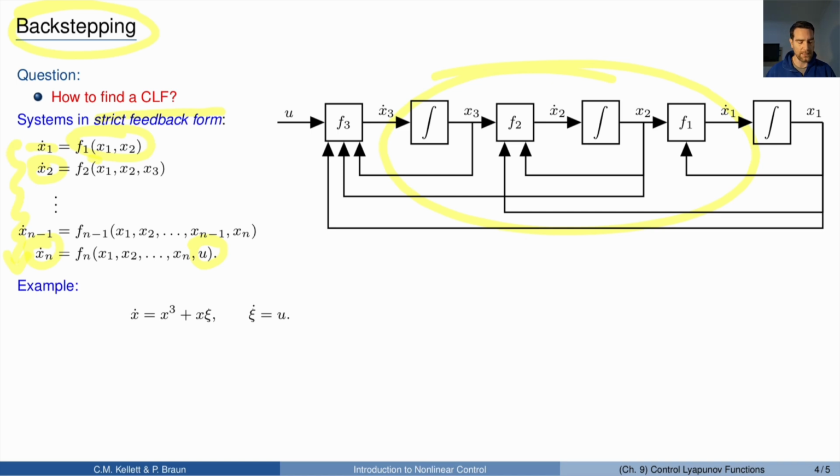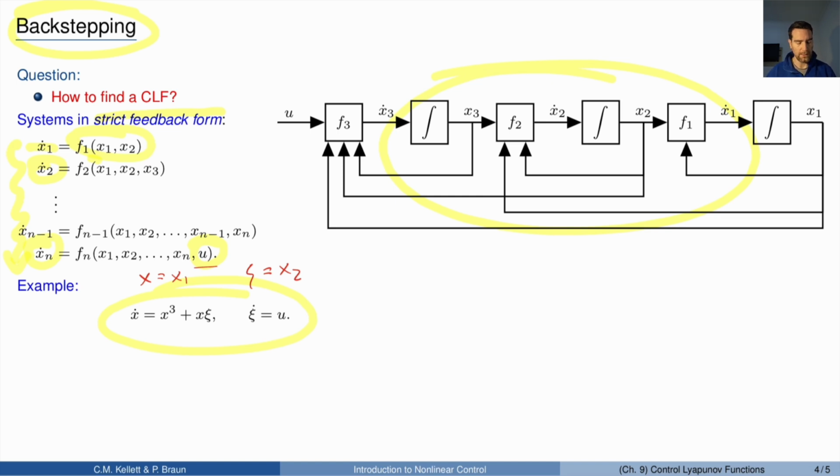And as a simple example, we can look at this two-dimensional system here, where x corresponds to x1 in the expression above, and psi corresponds to x2, where we then see that for x2 dot, the input appears in the right hand side.